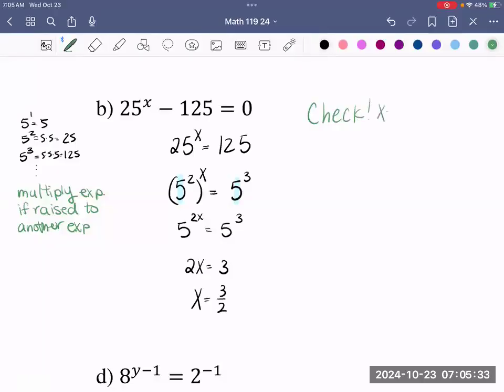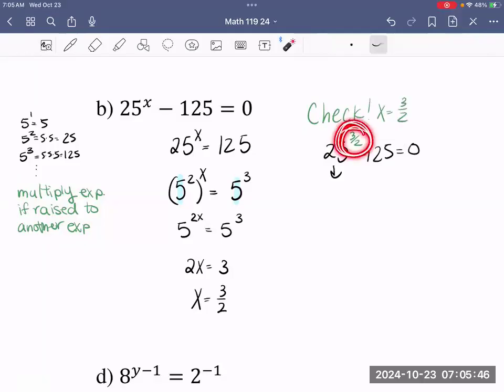So if we know that x is equal to 3 over 2, so let's say 25 to the 3 over 2 minus 125 is equal to 0. Well, again, back in chapter 1.2, we learned what this fractional exponent is. It's really saying that this is 25 underneath the square root cubed.